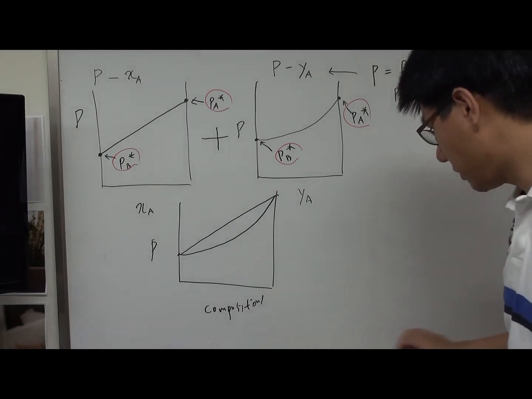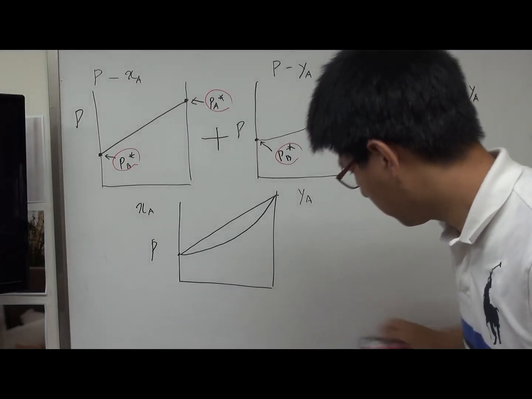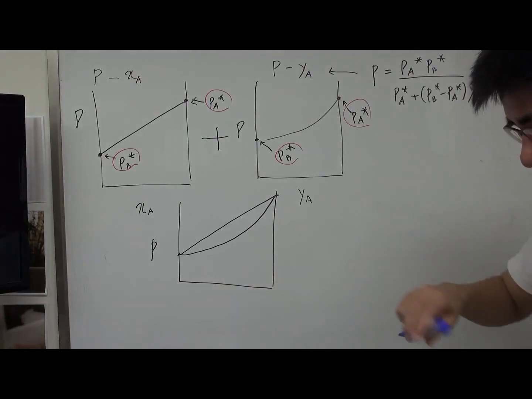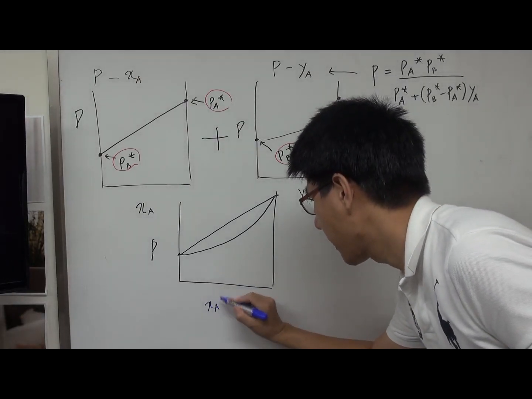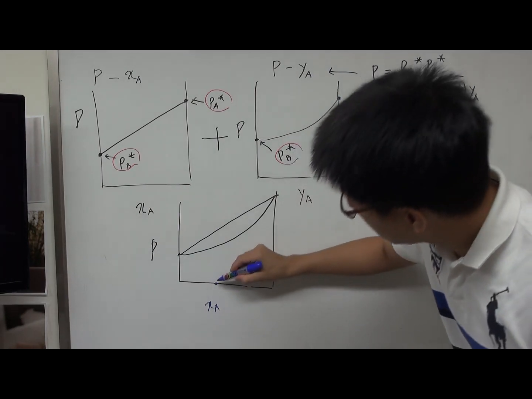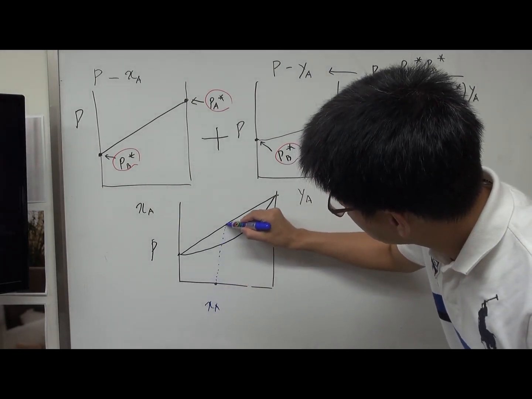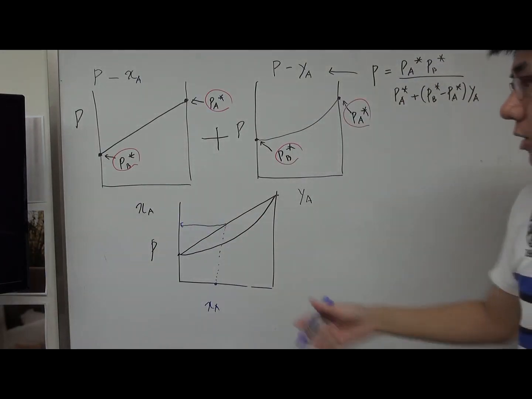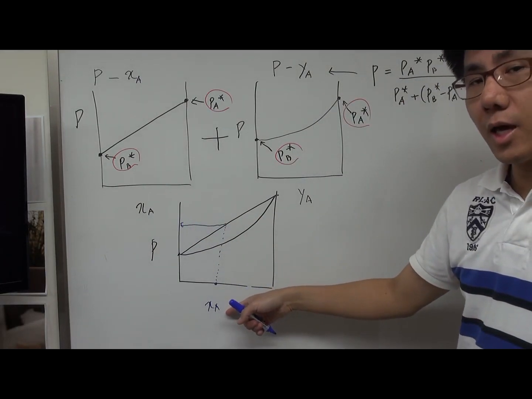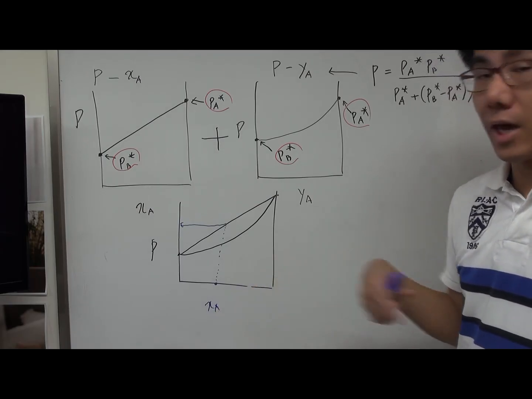So for example, if the mole fraction in the liquid phase is XA, for example here, this pressure represents the total vapor pressure when the mole fraction of A in the liquid is XA, right?